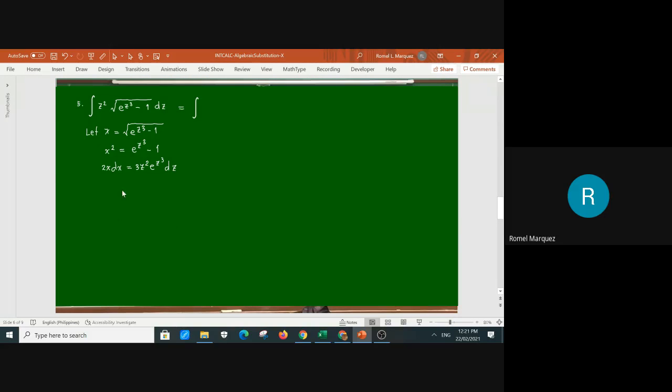We have to divide by 3 e to the z cubed each side. We get 2x dx over 3 e to the z cubed, and that is equal to z squared dz.